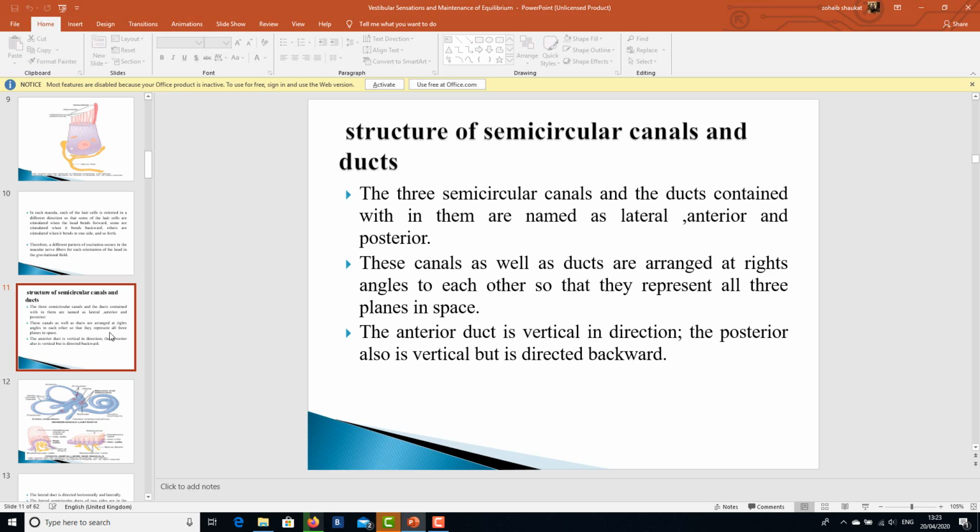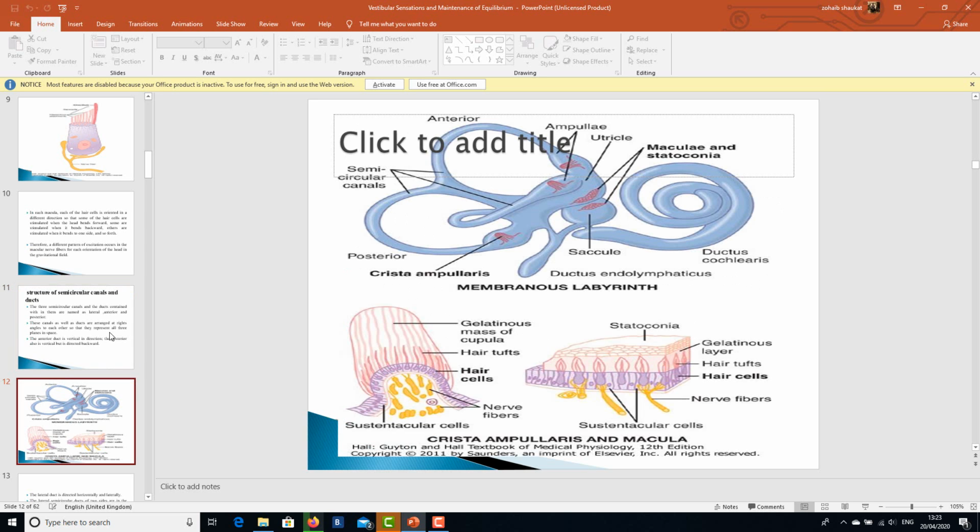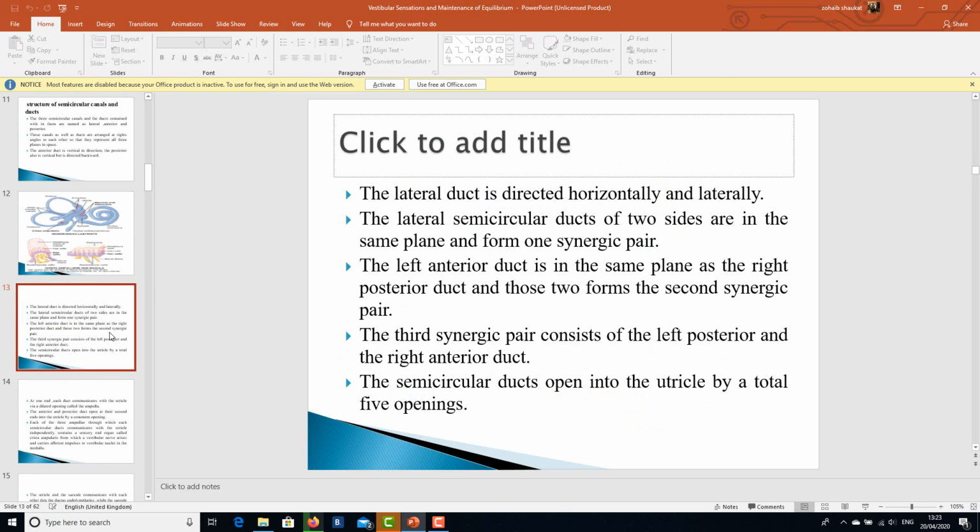The anterior duct is vertical in direction. The posterior also is vertical, but is directed backwards. Again, you can see how they are lying at right angles to one another in three different planes. The lateral duct is directed horizontally and laterally.